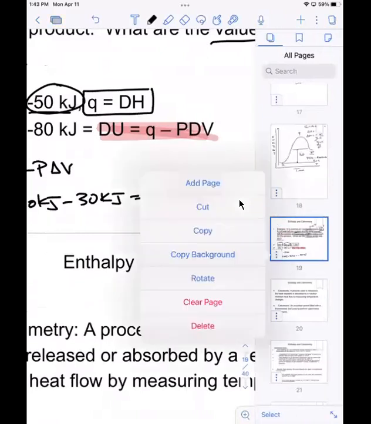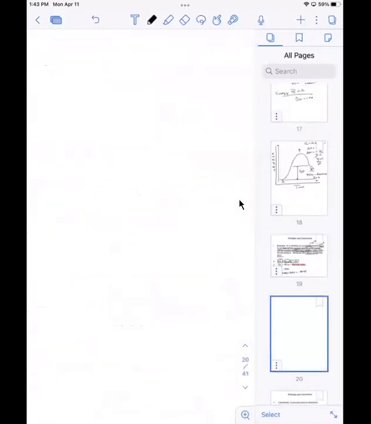Right, so that's a simple calculation as long as you know the relationship between delta U, delta H, and Q at constant pressure or constant temperature.